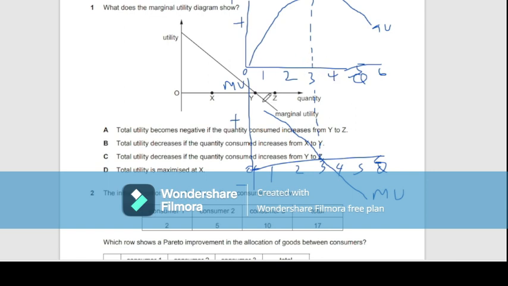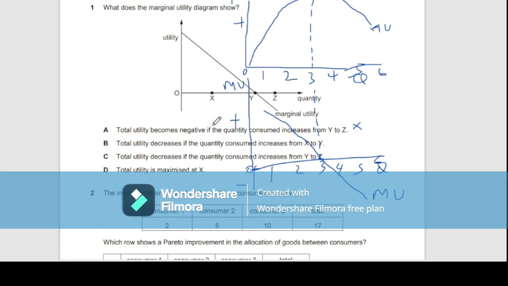When quantity consumed increases from Y to Z, the choice was saying total utility will become negative. Total utility does not become negative. That is this point where total utility is still positive even though decreasing. So A is wrong.